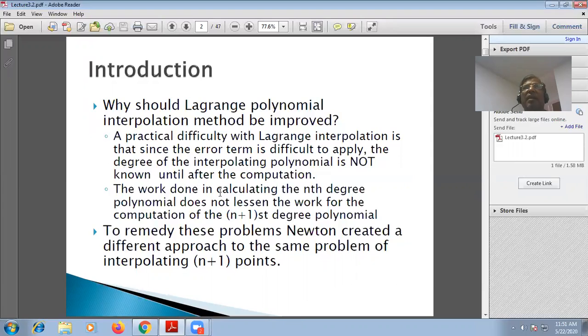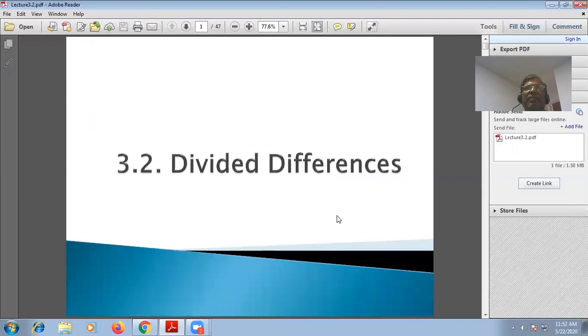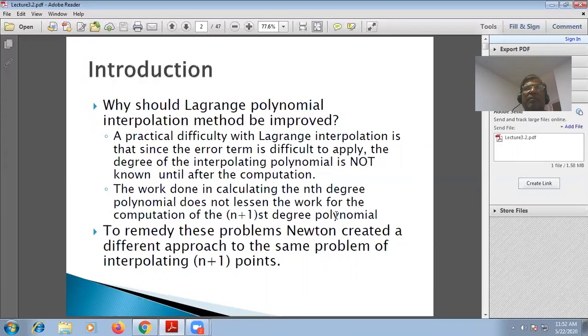The work done in calculating the nth degree polynomial does not lessen the work for the computation of the (n plus 1)th degree polynomial. Then, to remedy these problems, Newton created a difference approach to the same problem of interpolating n plus 1 points.